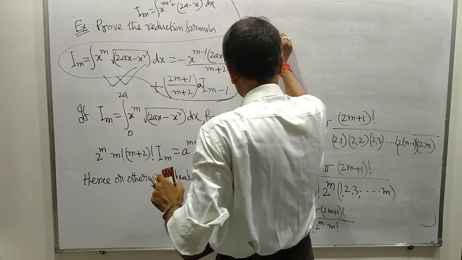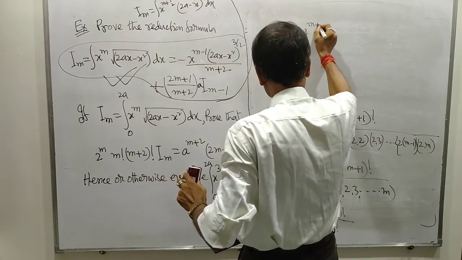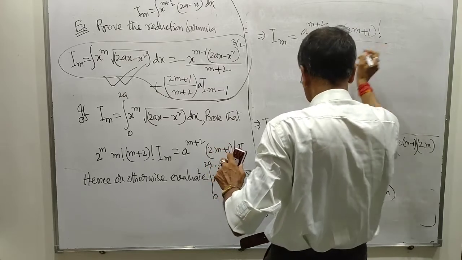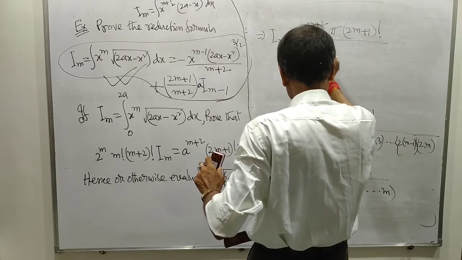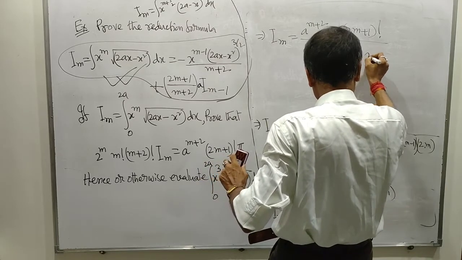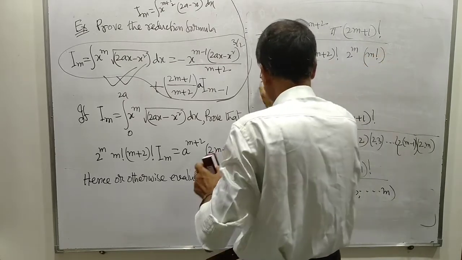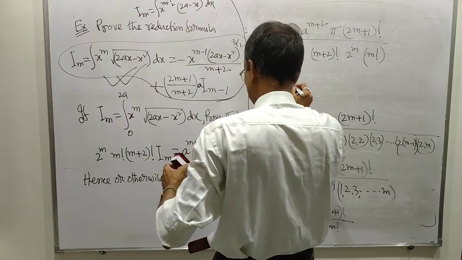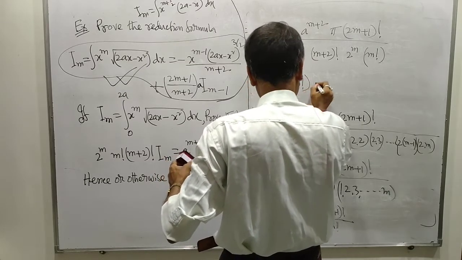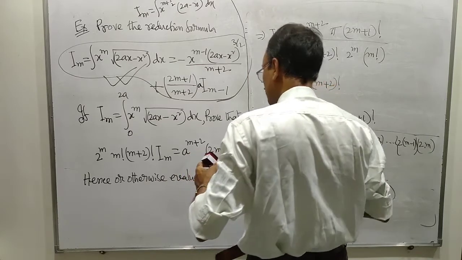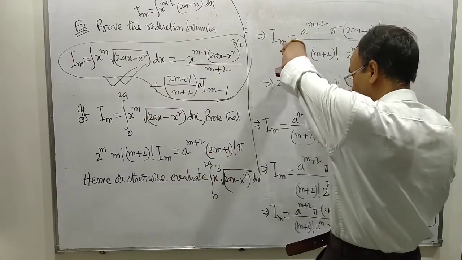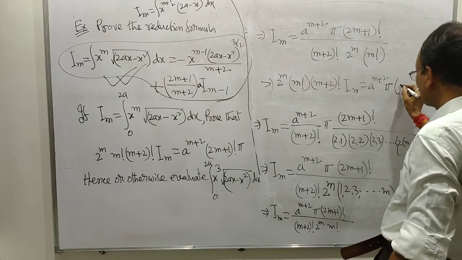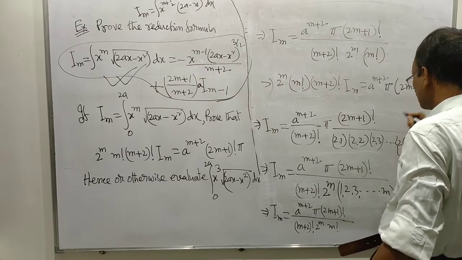By cross multiplication, 2 to the power m into factorial m into m plus 2 factorial into I is equal to a to the power m plus 2 into pi into twice m plus 1 factorial.